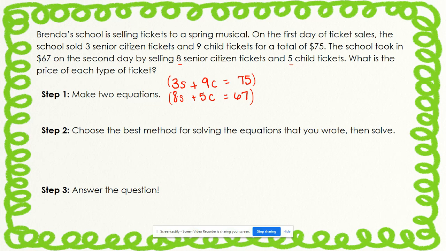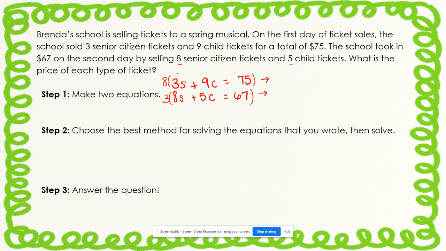Well, if I think about 3 and 8, I know that their first multiple in common is 24. So to get 24, I would have to do 8 times 3, and to get 24 here, I would have to do 3 times 8. So I'm going to multiply both of these equations. In this case, I'm multiplying this whole equation by 8.